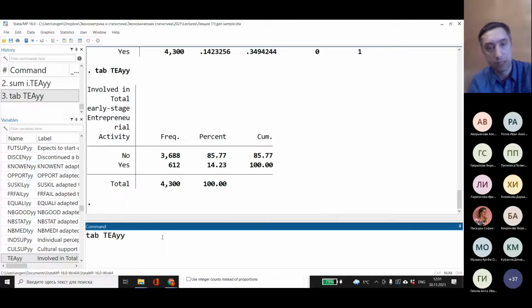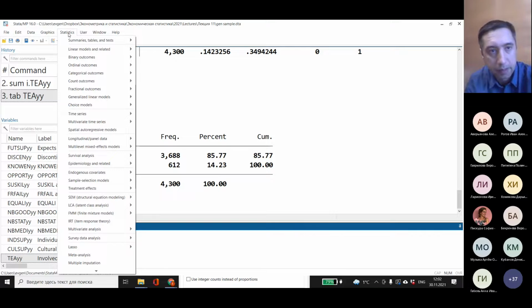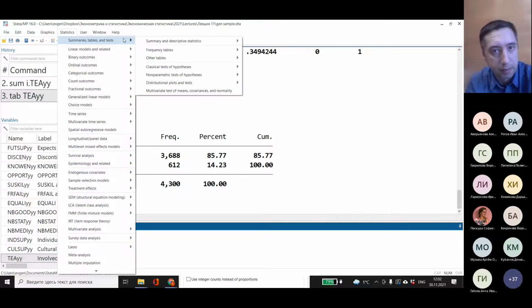And what else? Also, we can find a confidence interval for our proportion. For example, we want to find a confidence interval for the percentage of entrepreneurs in both Estonia and Latvia. To do this, you should go to statistics. In statistics, you should click summaries, tables, and tests.